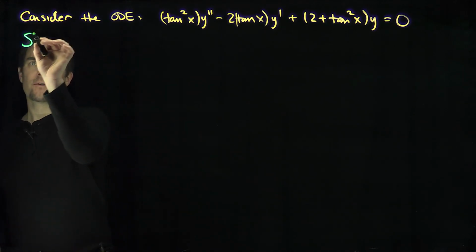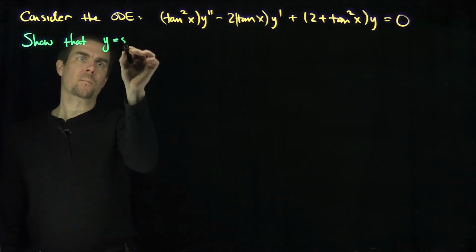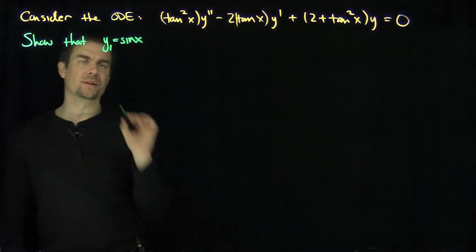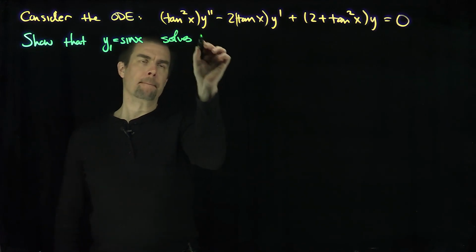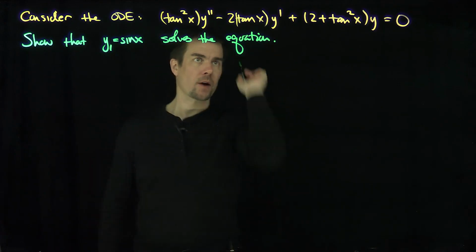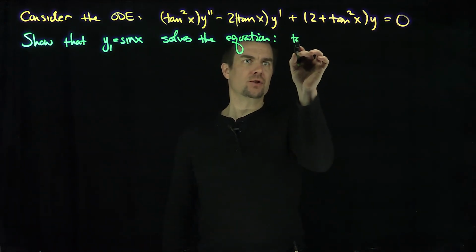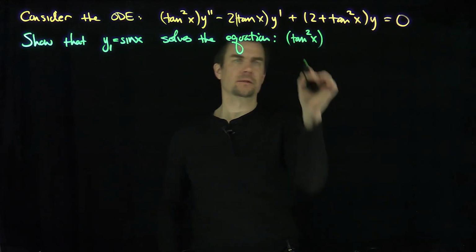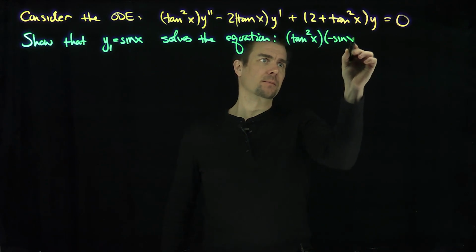So let's show first that y equals sine, which I'm going to call y1, equal to sine of x, solves the equation. Let's check. If I have tangent squared of x, the second derivative of sine is negative sine, so it's going to be negative sine of x.